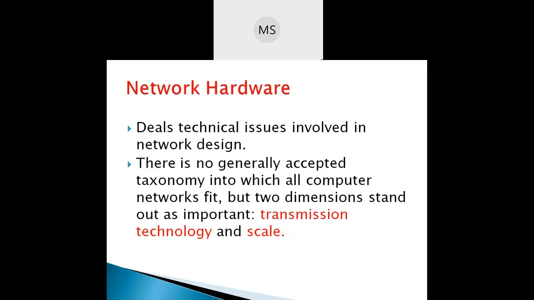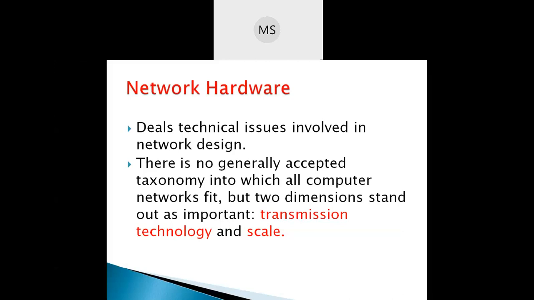And sometimes computer networks are classified depending upon their scale, that is, their coverage area. We can classify computer networks in two dimensions: one is by the transmission technology, another one is the scale.